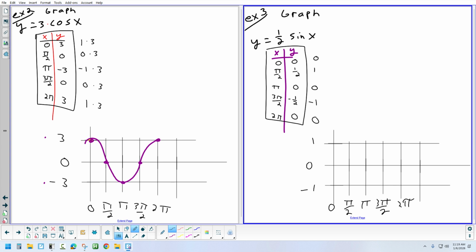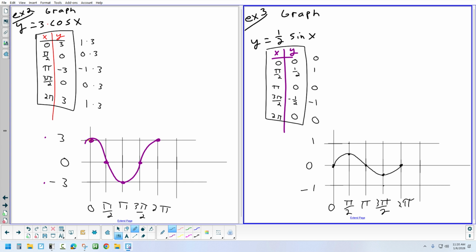So it's going to take up less space. I'll just sketch it. So we go through the origin, up to a half, back to 0, negative a half, back to 0. That's the new graph. The original graph would have gone up to here and down to there. This has been compressed.